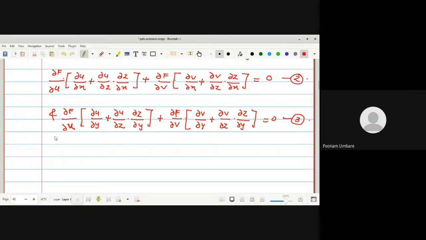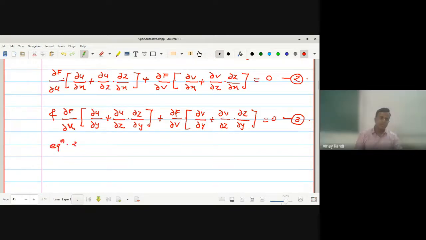No, sir. Now equation 2 implies that, look here, dou f by dou u, we can write f u into bracket u with respect to x, ux, plus u with respect to z, uz, into dou z by dou x, which means p. Plus similarly f v into bracket vx plus vz into p, which is equal to 0.